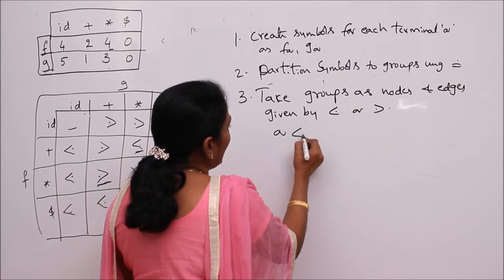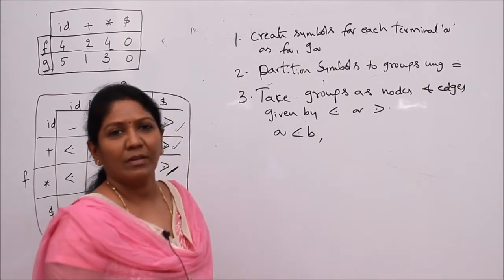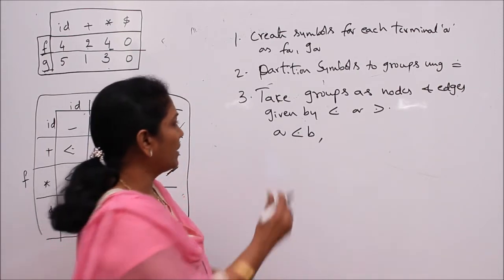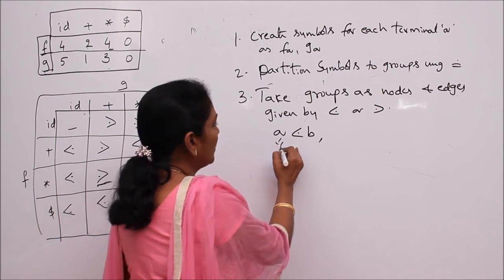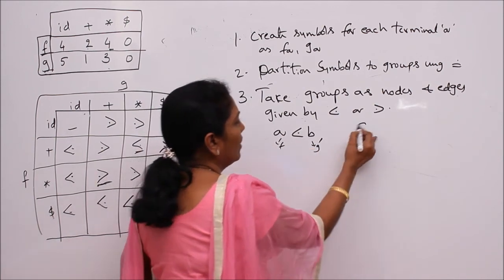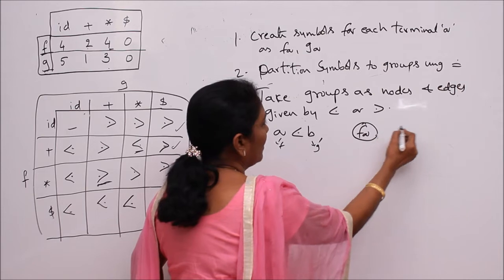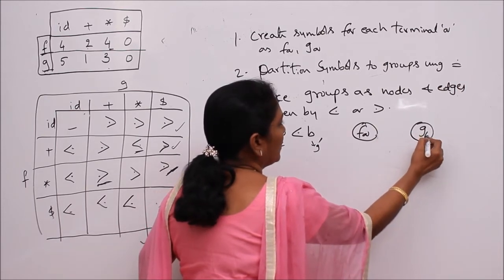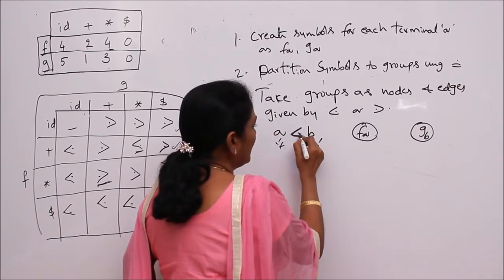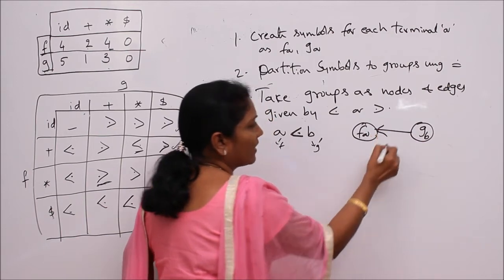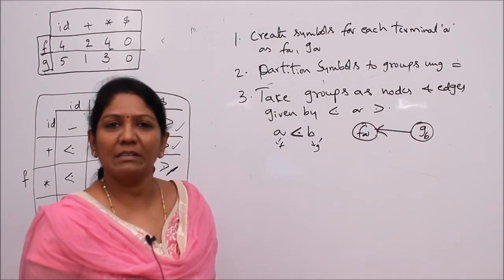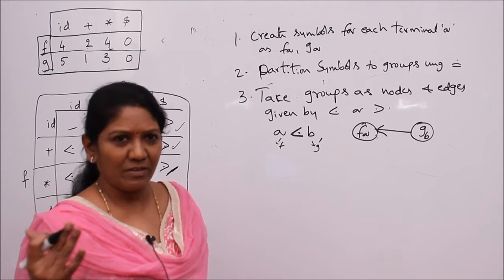For example, when A has less precedence to B, then how do you add the edge corresponding to this relation? This is function F, this is function G. So from node FA and GB if you take, since the relation is in this manner, that shows even the direction of the edge. What you are drawing is a digraph, so direction of the edge is important.